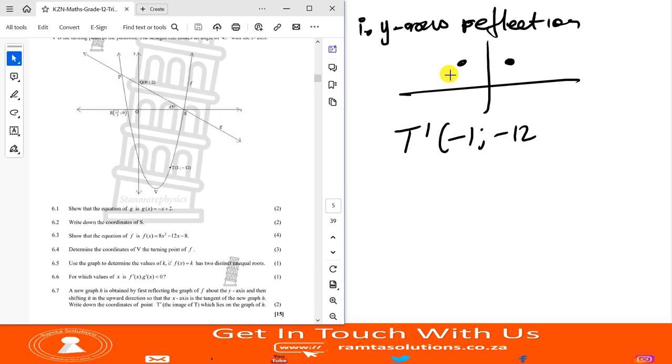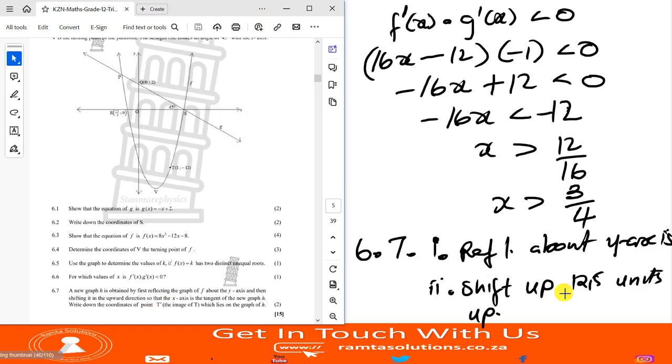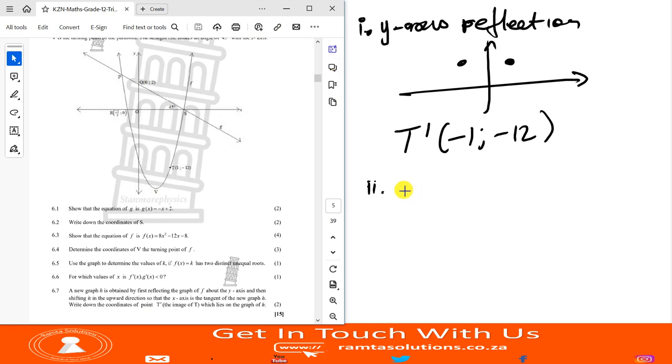Remember, only the y value is changing if you reflect along the x-axis. Okay? For now. Hold on. Now, then you shifted 12.5 units up. Remember, you shifted it 12.5 units up. So when you shifted 12.5 units up, what does this tell you?